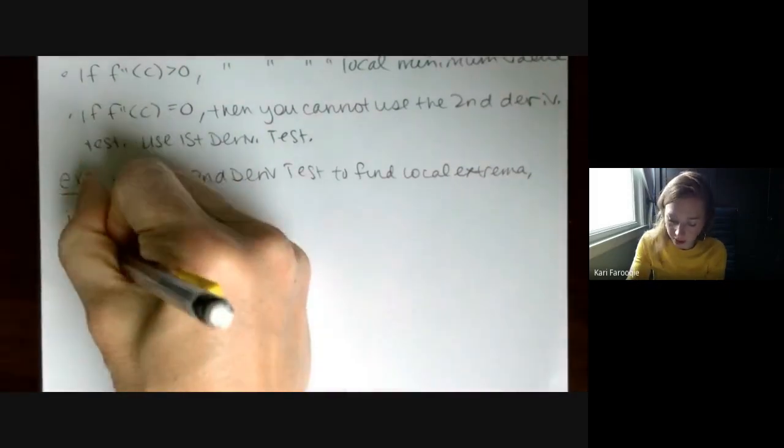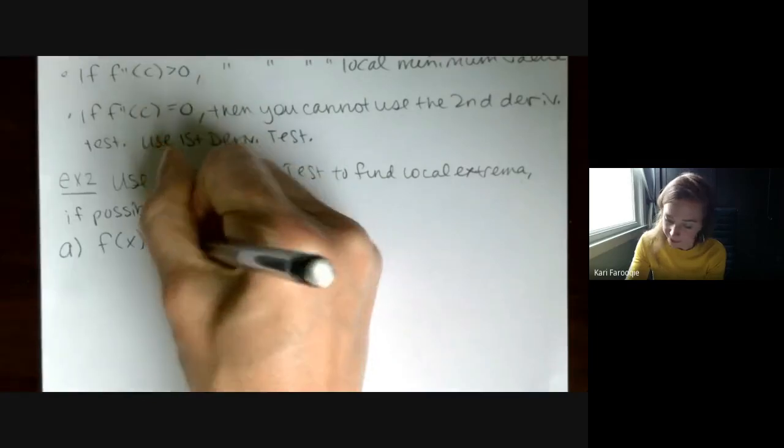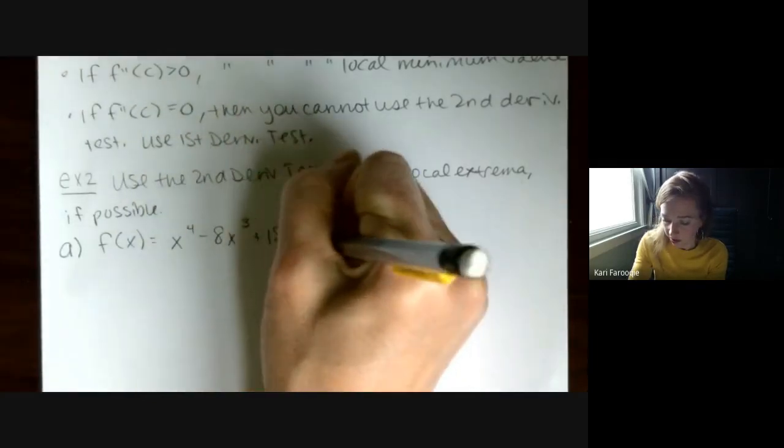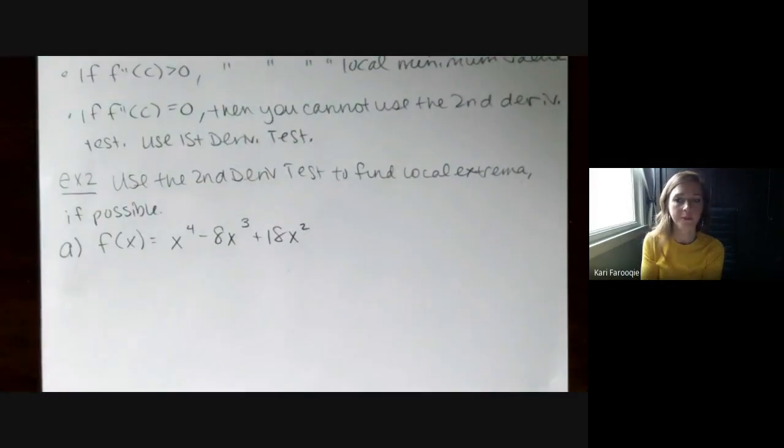So A, I'm going to give you a polynomial function. X to the 4th minus 8x cubed plus 18x squared.